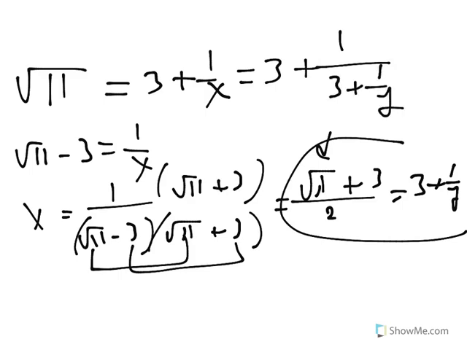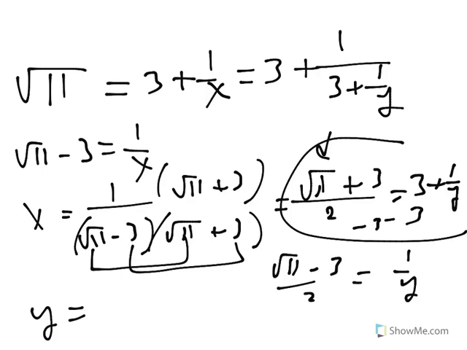But to calculate that y, I subtract 3 from both sides. 3 is the same thing as 6 over 2, so this becomes root 11 minus 3 over 2 equals 1 over y. So flip both sides, 2 over radical 11 minus 3.